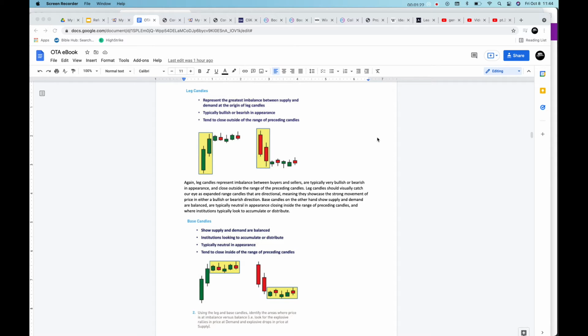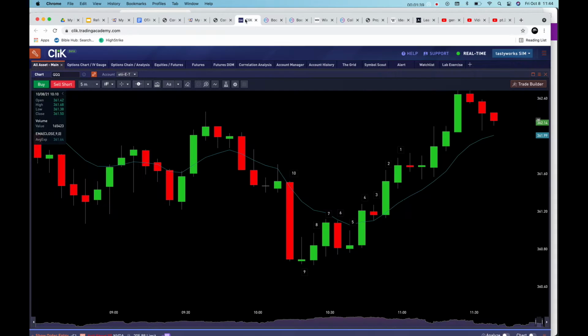Basing candles, on the other hand, show supply and demand are balanced, are typically neutral in appearance, closing inside the range of preceding candles, and this is where institutions typically look to accumulate or distribute shares. All right, so I'll go ahead and pull up my chart. And we have our candles here, numbered 1 through 10.